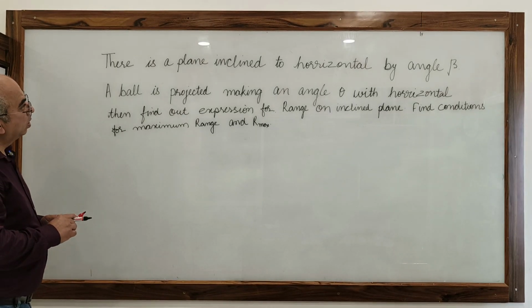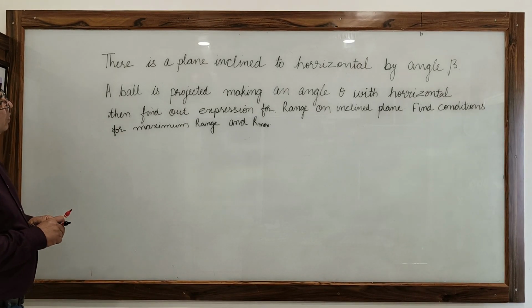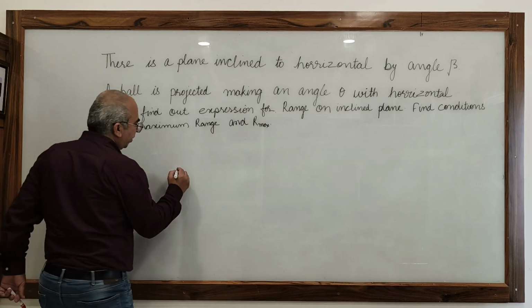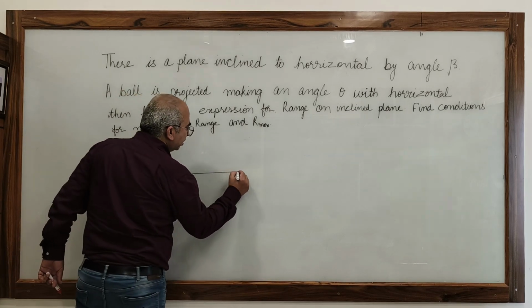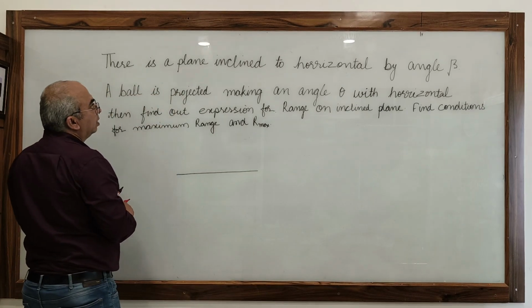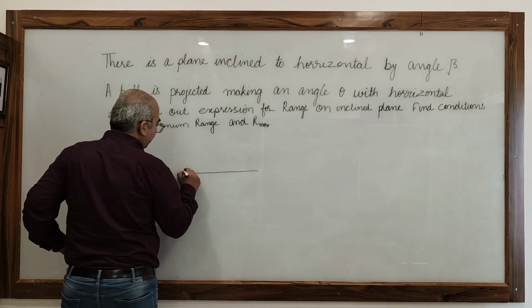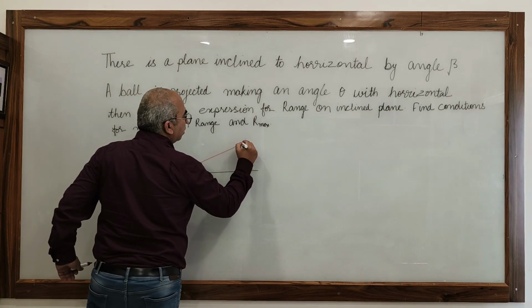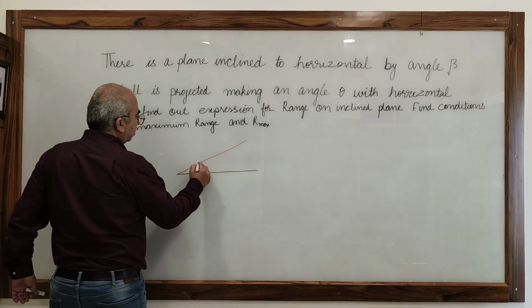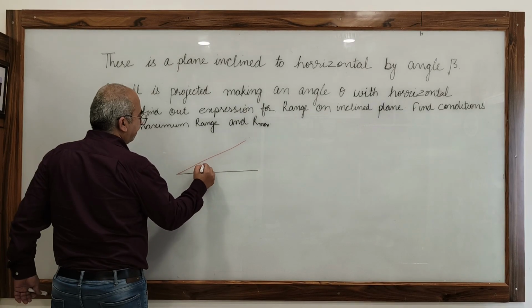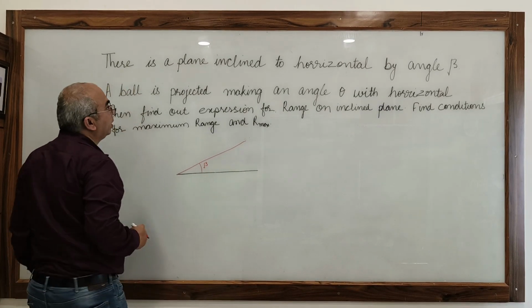So there is a plane inclined to horizontal. Now first of all, try to make the figure. This is horizontal, and a plane is inclined to horizontal at an angle beta. Okay, this is angle beta.